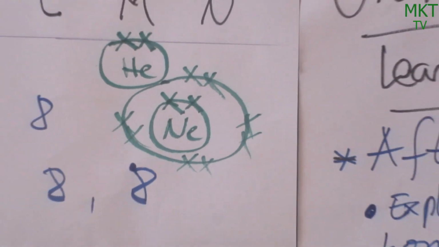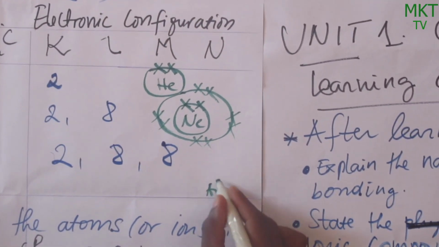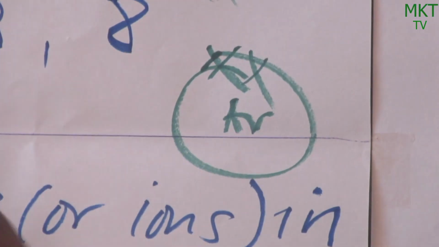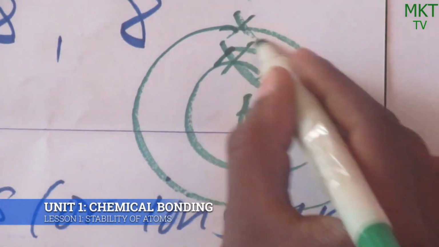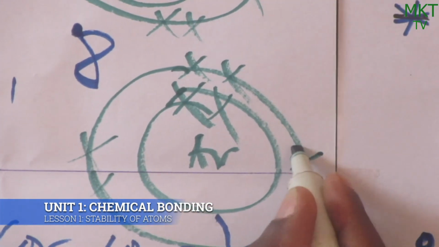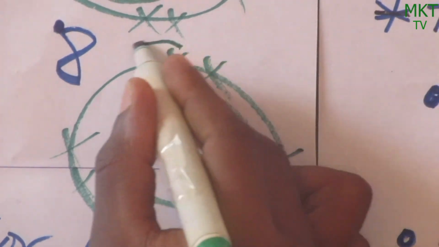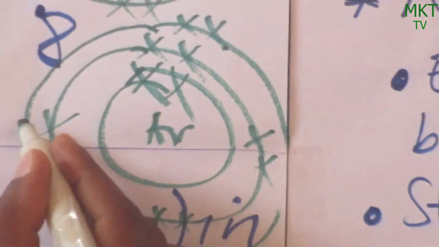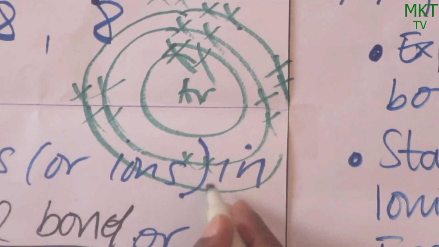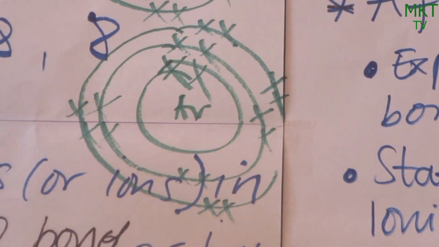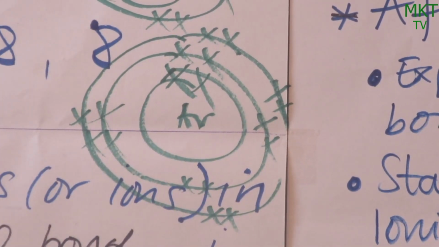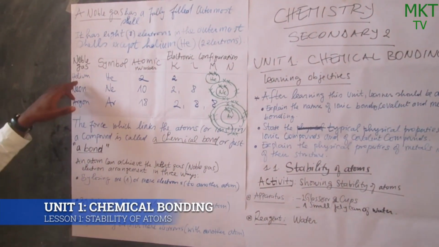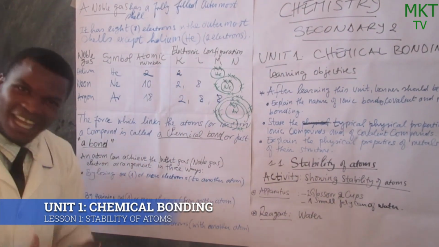Now, for argon, in the Bohr model, it has 2 electrons on the inner shell, 8 electrons on the second shell or L shell, and also 8 electrons on the M shell. We have seen that on the outermost shell, neon and argon have 8 electrons, but helium has 2 electrons.